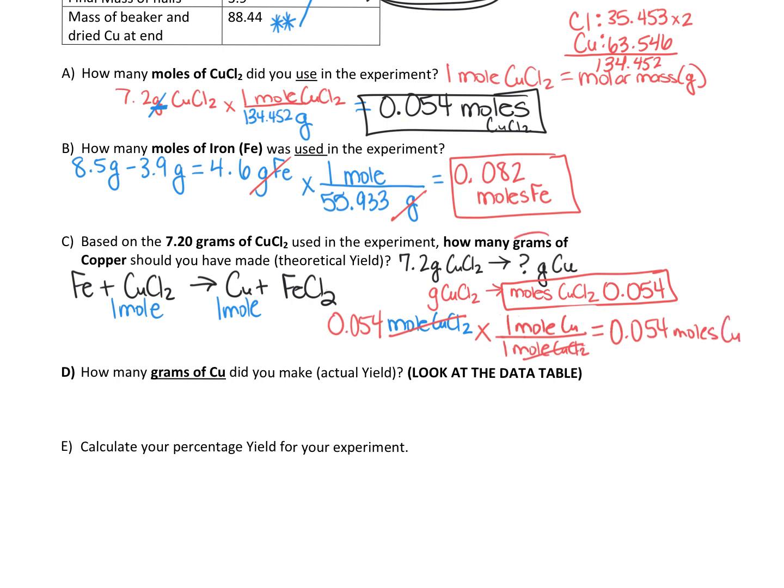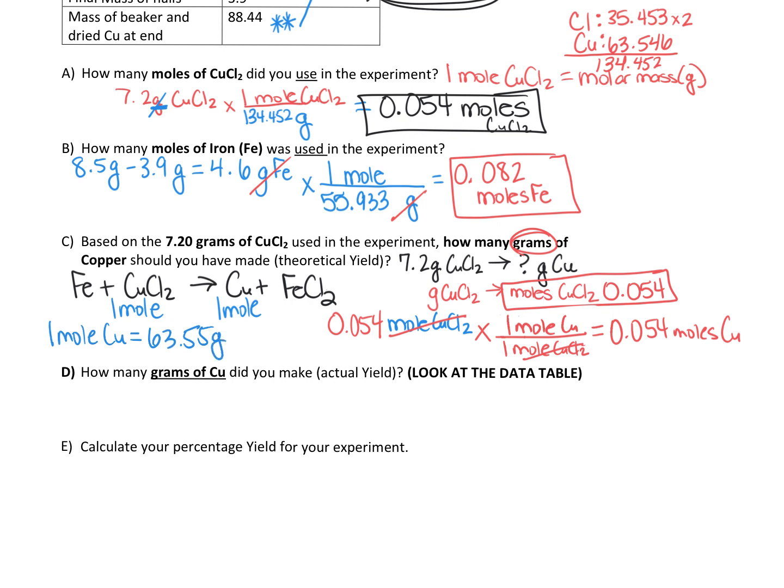But we want to know how many grams of copper we should have made. I started with 7.2 grams of copper chloride, figured out how many moles that was, and looked at my balanced equation: for 1 mole of copper chloride, I make 1 mole of copper. So 0.054 moles of copper chloride means 0.054 moles of copper. And 1 mole of copper is equal to its molar mass on the periodic table, 63.55 grams.